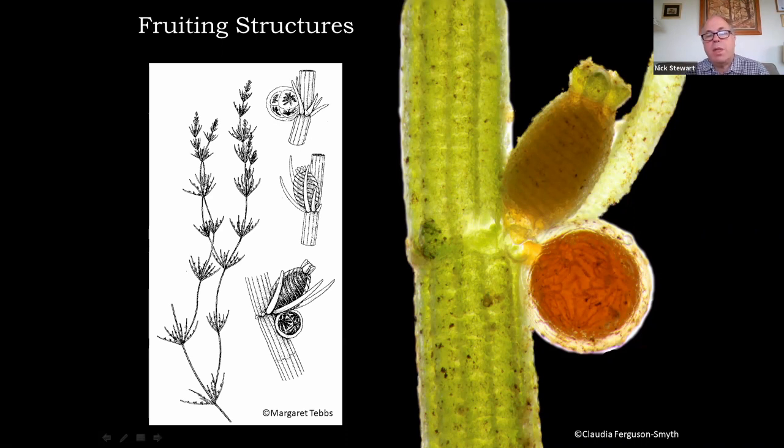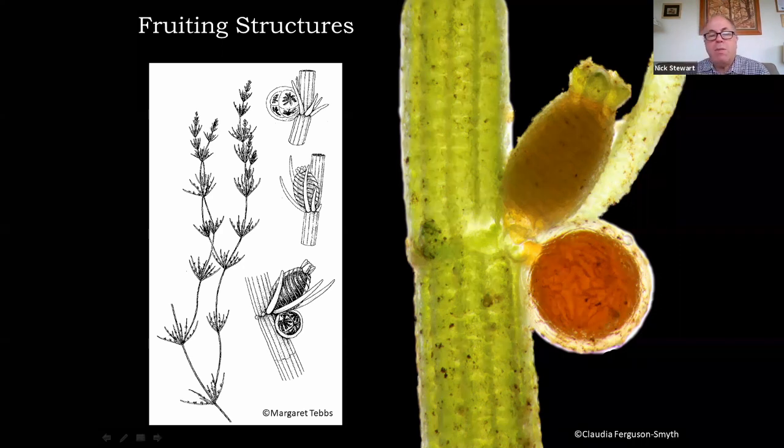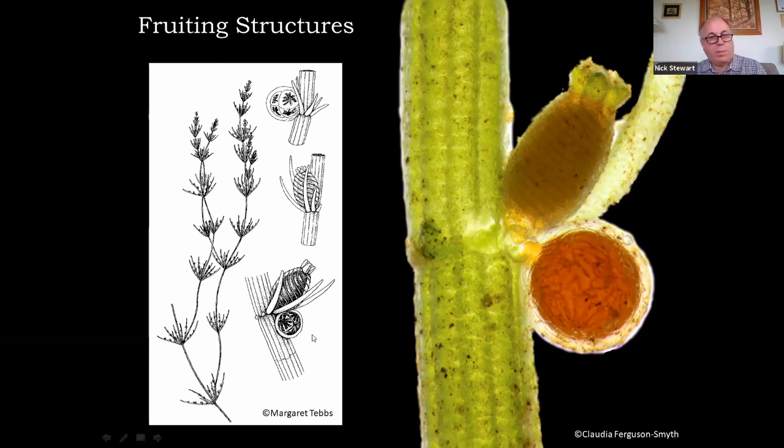The male is centered on the node, whereas in the monoecious species, even before the spore is developed, the male antheridia are sited just below the node, sort of obliquely below the node. So if you've got male plants, they're relatively easy to separate from each other. Female plants are more difficult. There is an extra cell in the dioecious female plant underneath, which replaces the antheridia, but that's a pretty difficult thing to see.